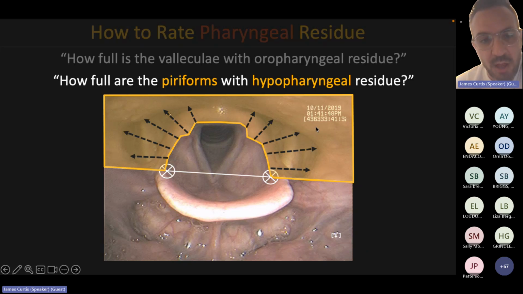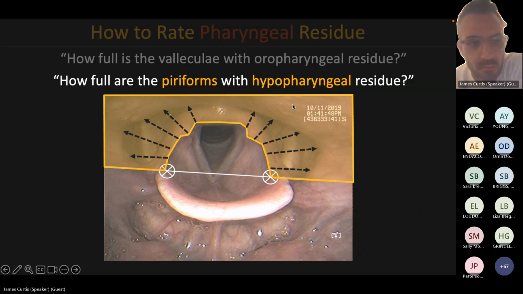If we saw pudding or cracker on the pharyngeal wall, we'd push it down using our brains into the piriforms. Normally, if it's liquid, it's already going to be in the vallecula and in the piriforms. But if it is food textures like pudding or cracker, it might be stuck on the base of tongue or on the pharyngeal wall. In that case, you might push it down into those little pockets.